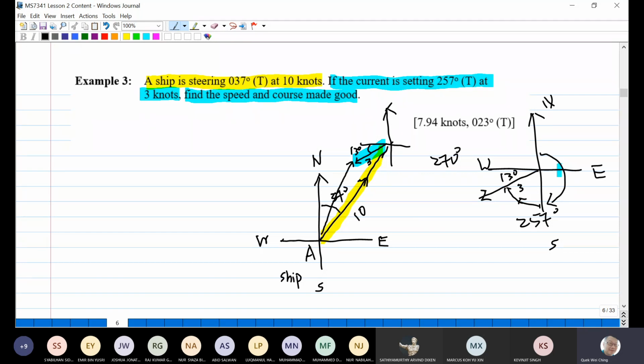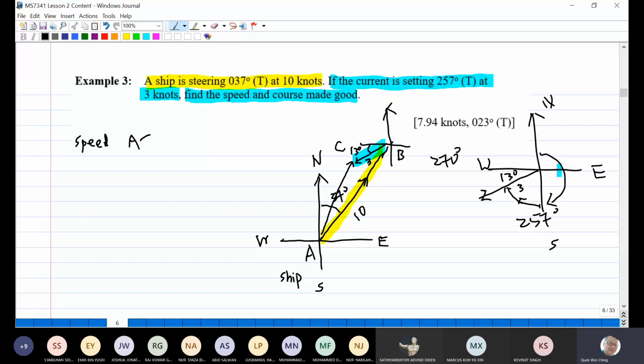Let's call this spot B and this spot C. The length of AC is the speed now. So the speed is AC.